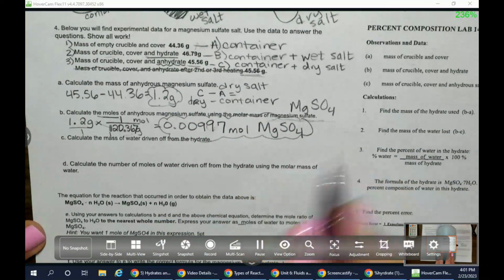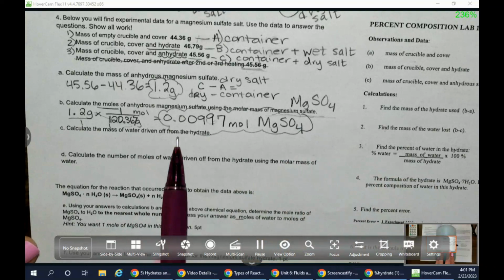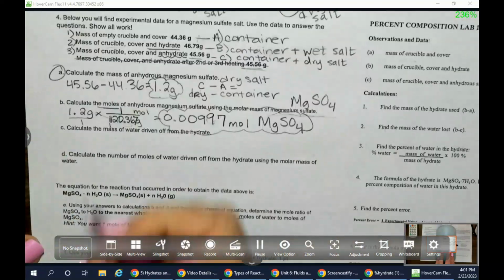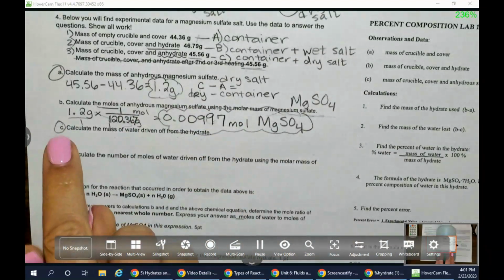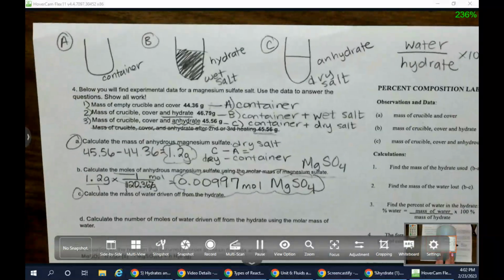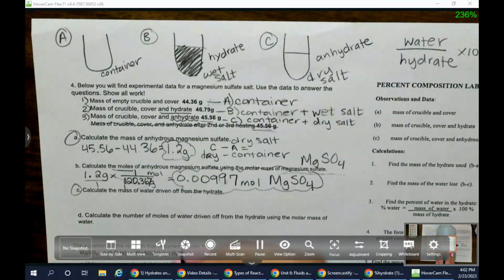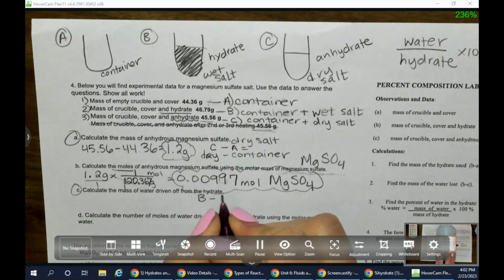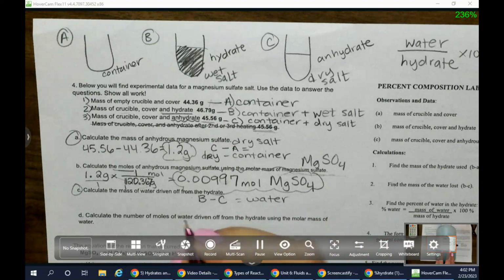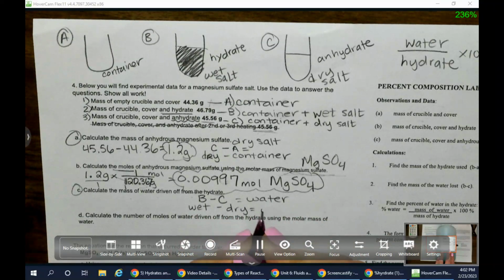The next part says calculate the mass of water driven off from the hydrate. So A came from our data table. C is also going to come from our data table. So we need to figure out how much water left the scene. So what are the two that we're going to subtract this time? B minus C, and that is absolutely correct. Because wet minus dry is water.